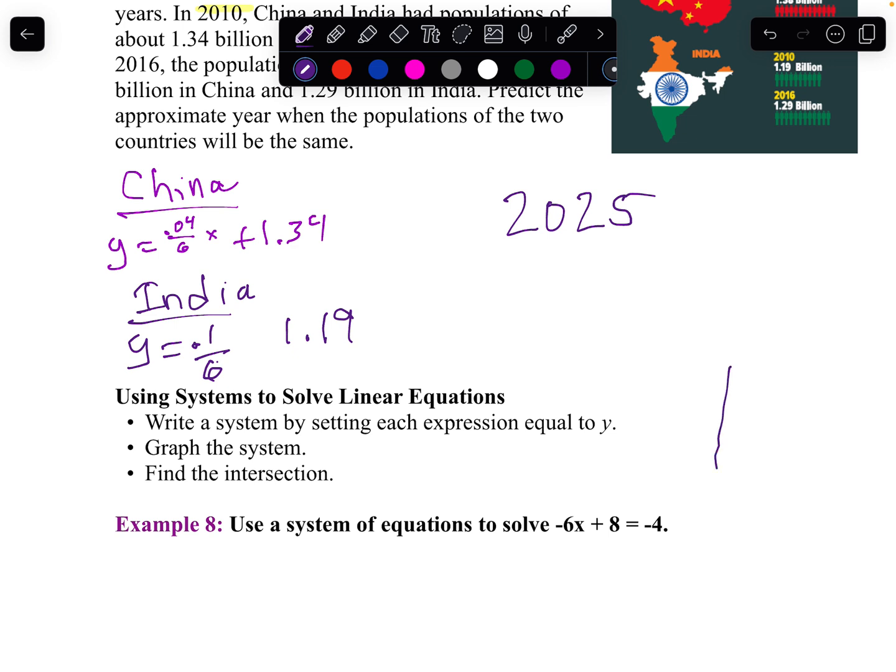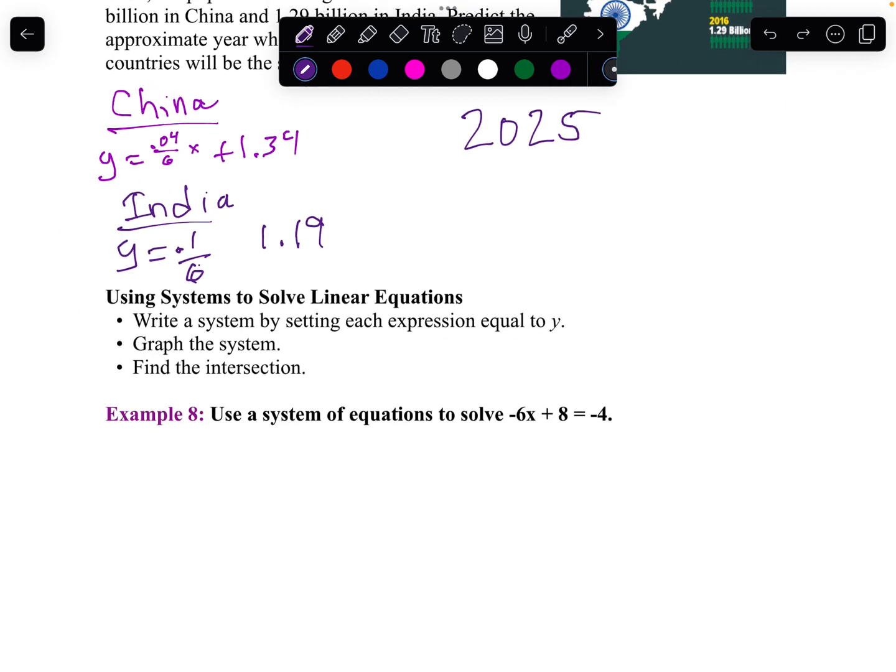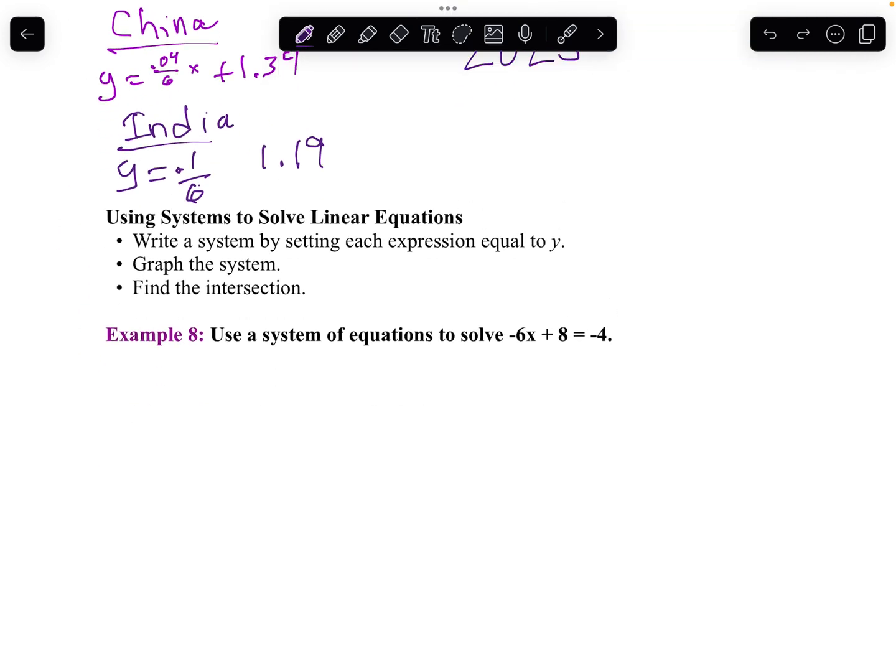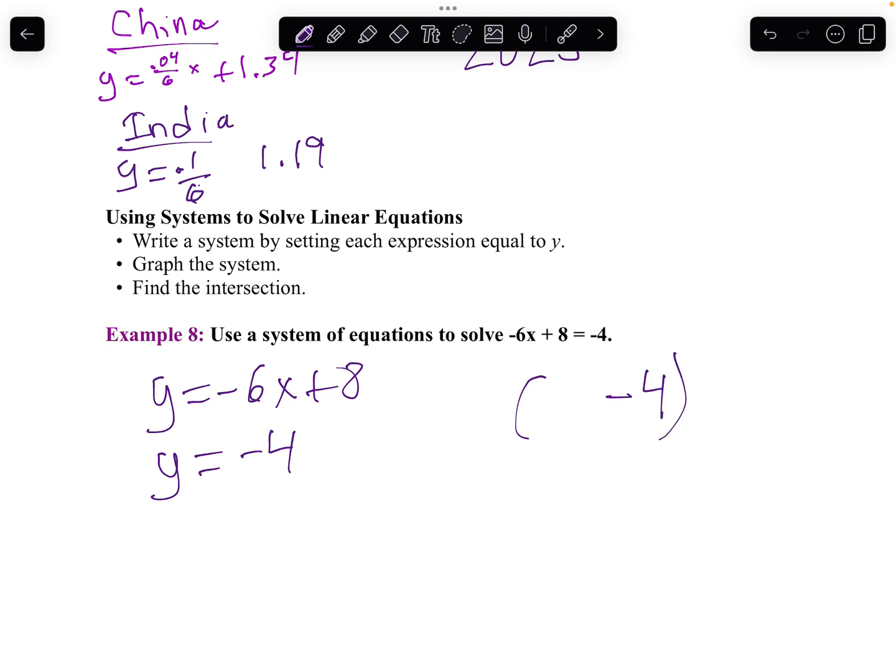So, my first equation on example 8: negative 6x plus 8 equals negative 4. Left side, y equals negative 6x plus 8; right side, y equals negative 4. Notice negative 4 is going to be a horizontal line. Without even graphing it, I know y is negative 4, don't I? Now let's graph it to find x.